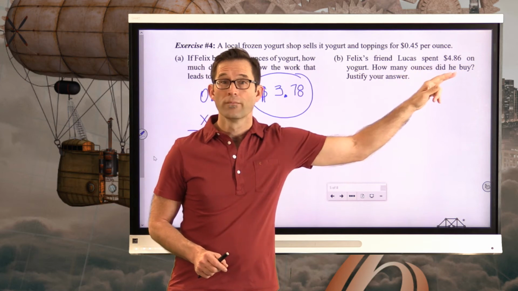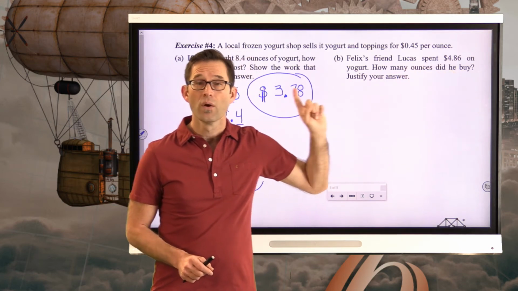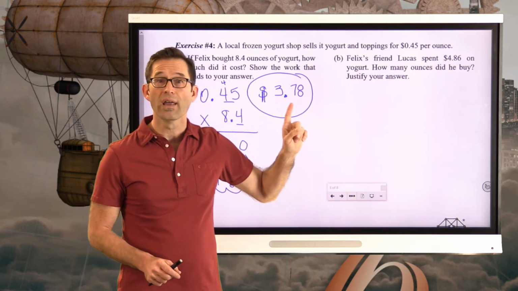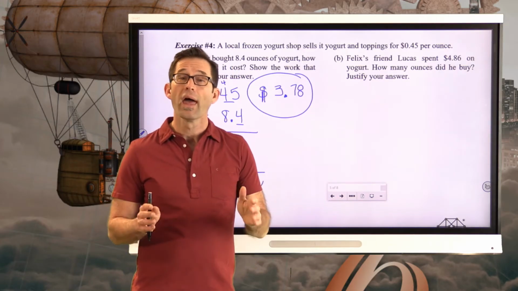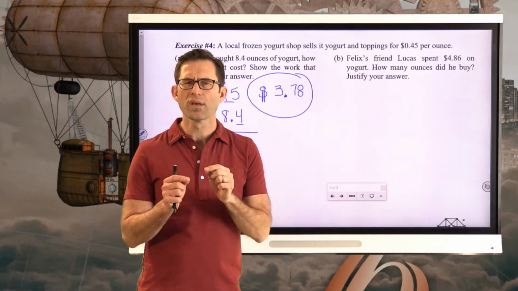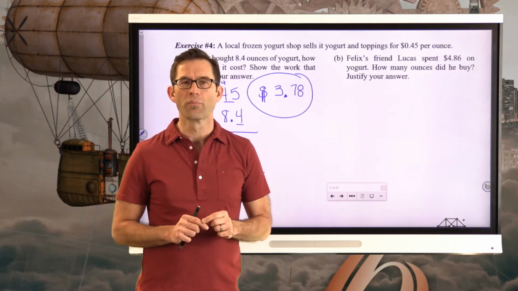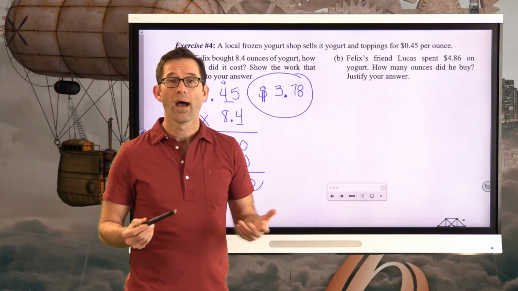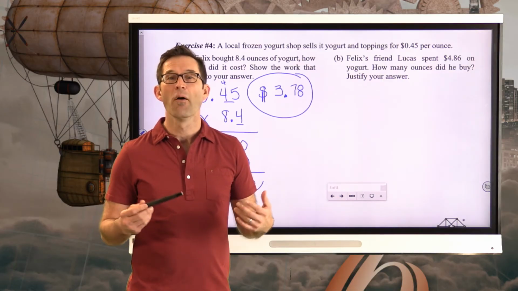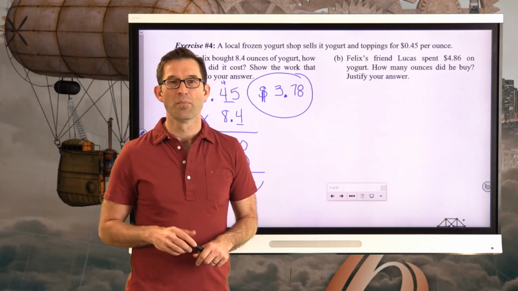Lucas spent more. So we should, at the end of the day, find out that Lucas bought more than 8.4 ounces of yogurt. And in fact, if we don't, then something went wrong in the way that we did the problem. All right, pause the video now and see if you can figure out how many ounces of yogurt Lucas bought.